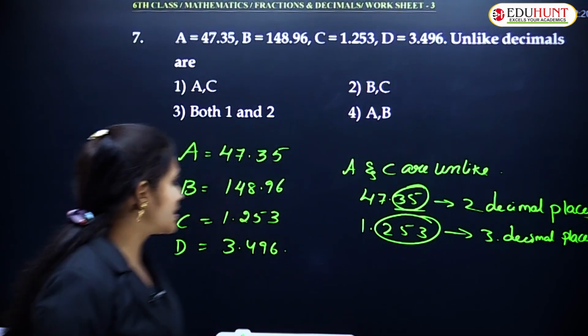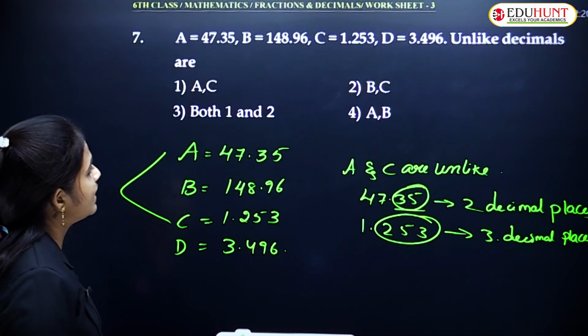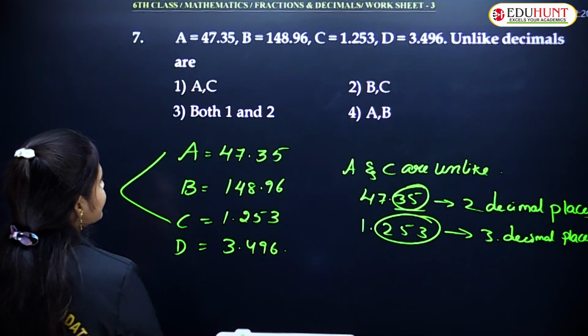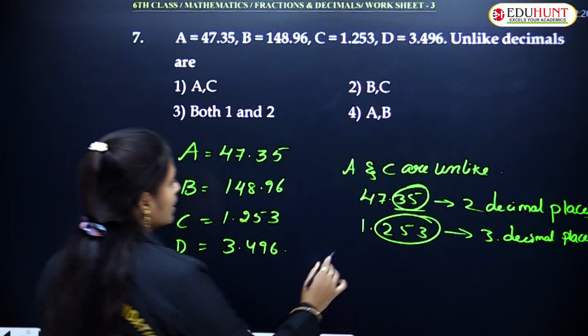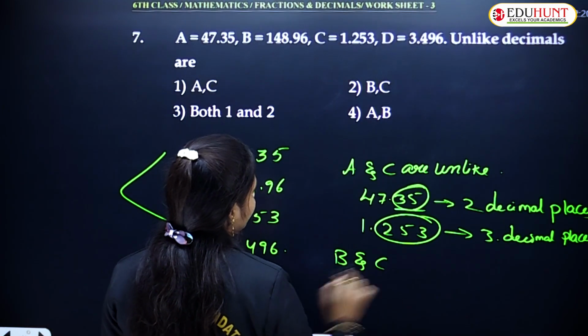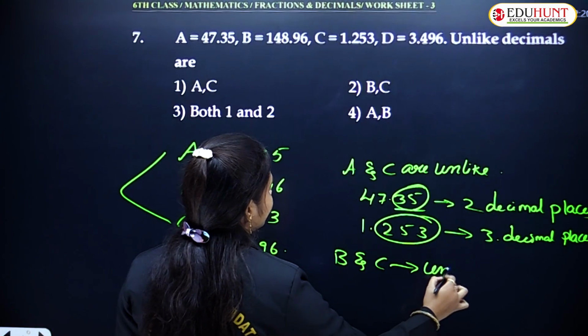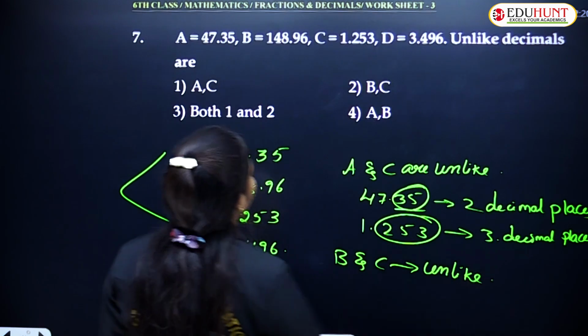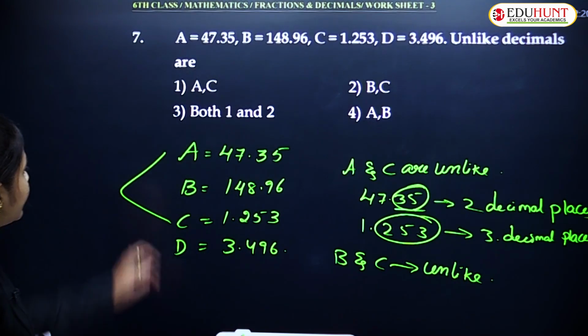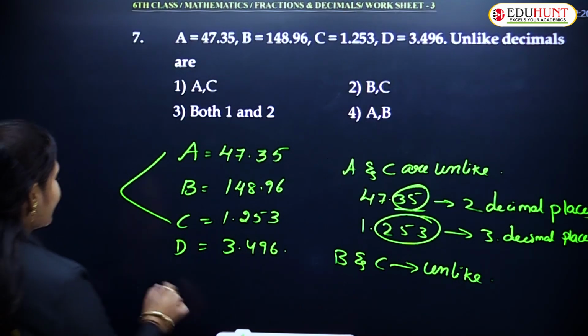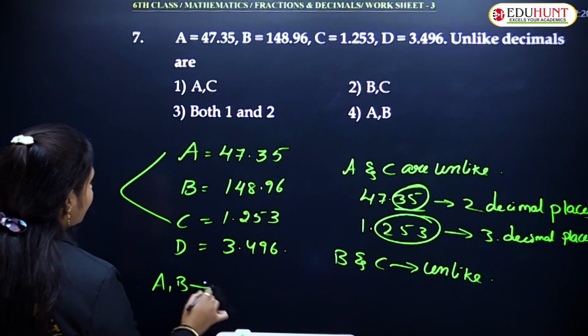Clear? Yes. That's why A and C are unlike. Next B and C. Yes, B and C also unlike decimals only. Okay, so both 1 and 2, A and B are like decimals. A comma B are like decimals.